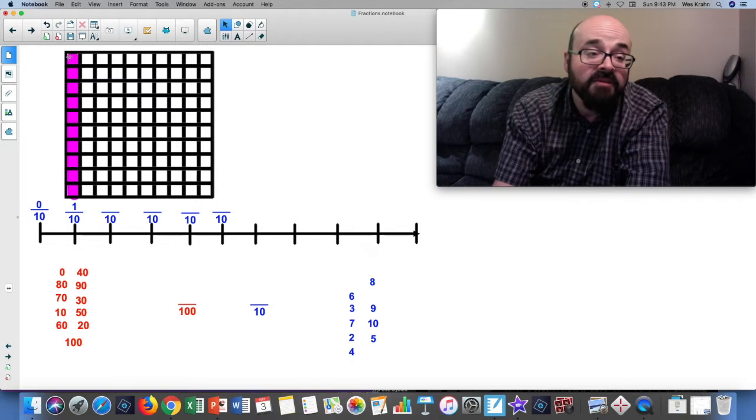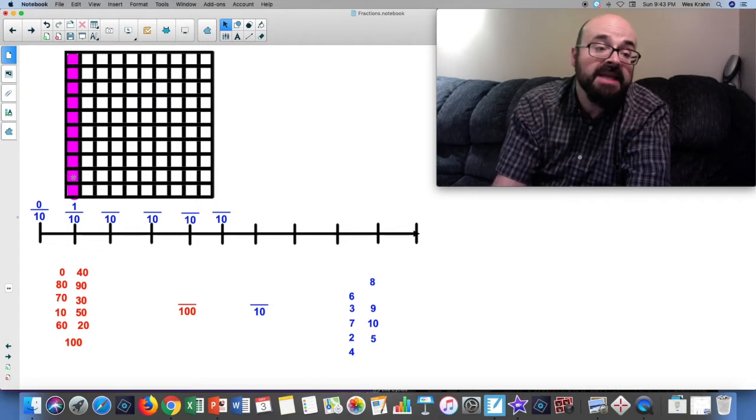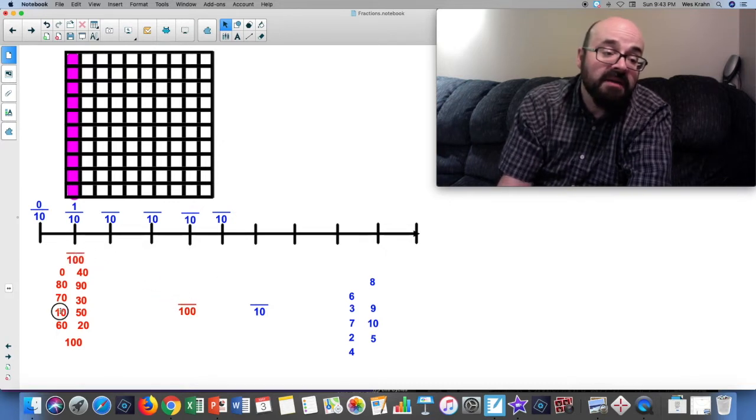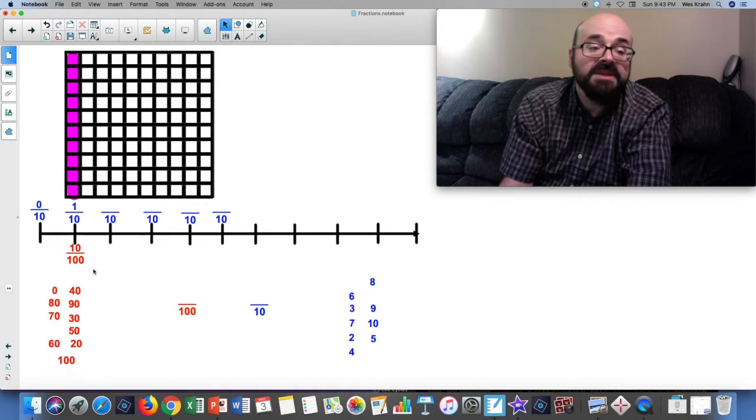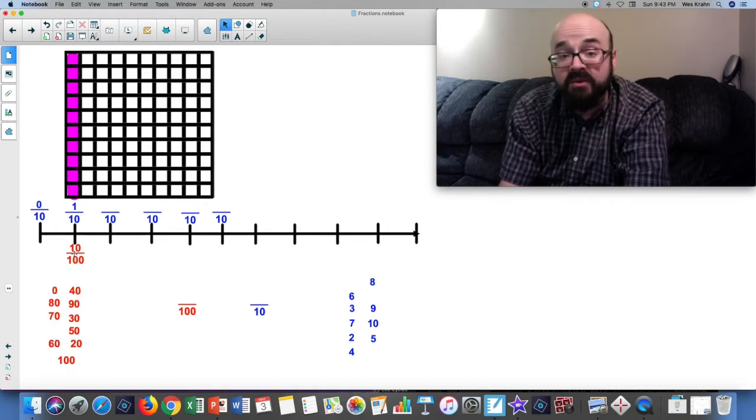Well, I can count them up. 1, 2, 3, 4, 5, 6, 7, 8, 9, 10. And so what I can say is, out of 100, 10 hundredths are the same or equal to 1/10.